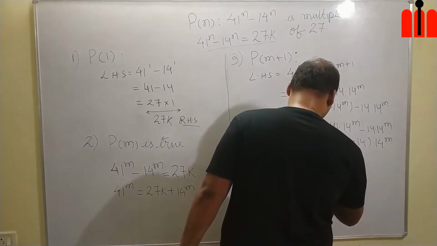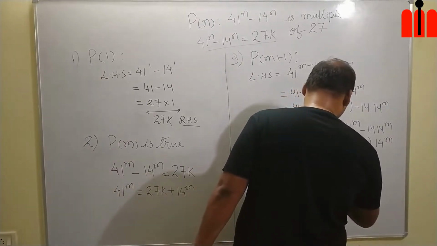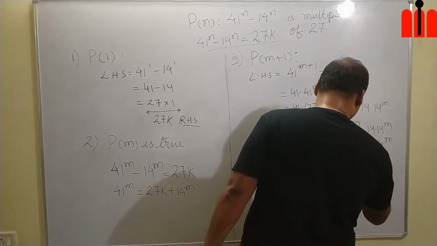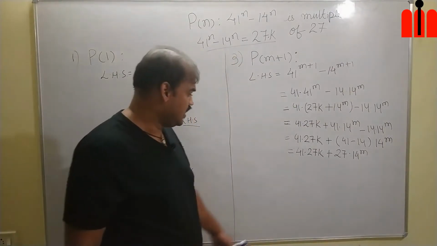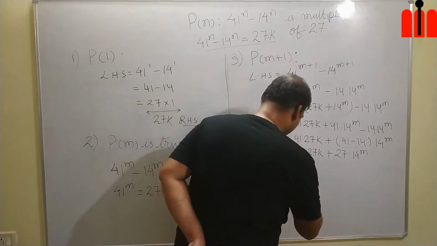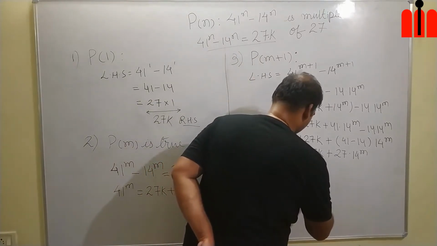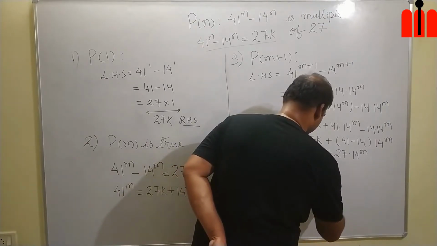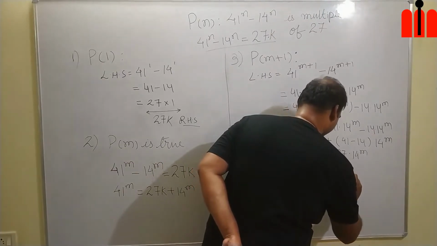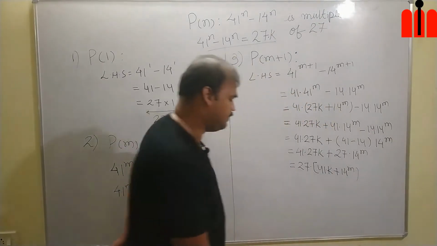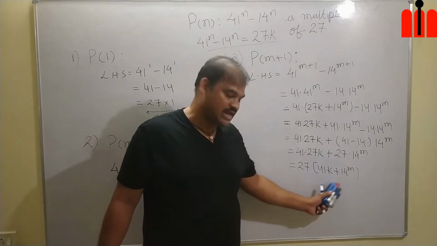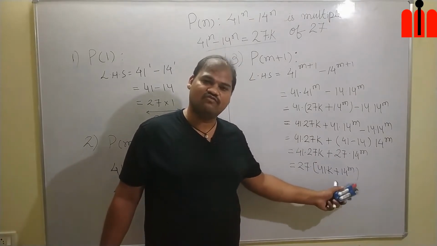So it will be 41 into 27k plus 27 into 14 to the power of m. Right? Now in this entire thing 27 is common, so you can take 27 as common. This is 27 into bracket 41k plus 14 to the power of m.